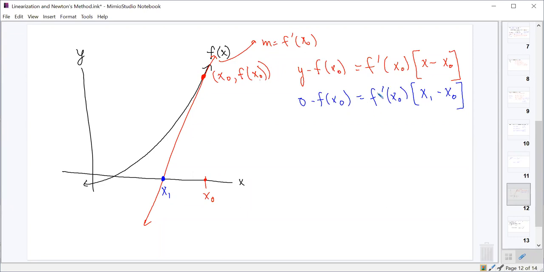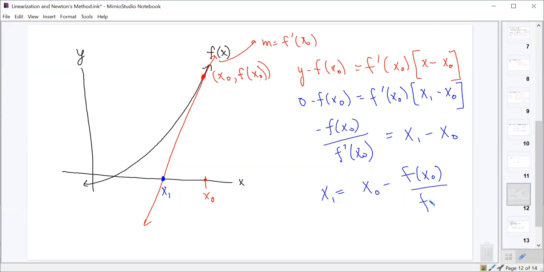If we divide by f prime of x naught, that gives us negative f of x naught over f prime of x naught equals x1 minus x naught. And if we add x naught over here, we get x1 equals x naught minus f of x naught over f prime of x naught. Would everybody agree that that should be the value of x1?